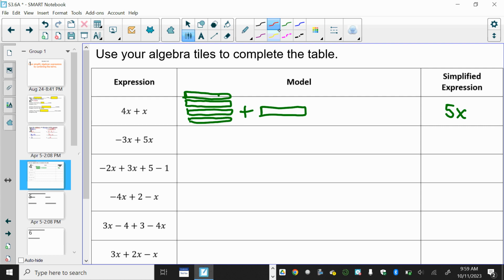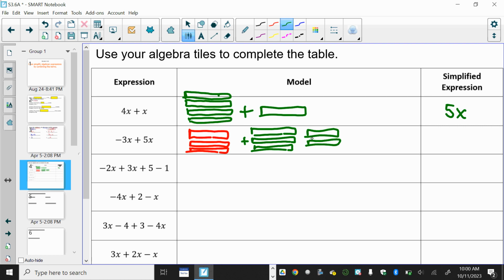Alright. If we did green for the positive, negative is going to be red. So we're going to do 1, 2, 3. Alright. And then 5 x's, so 1, 2, 3, 4, 5.